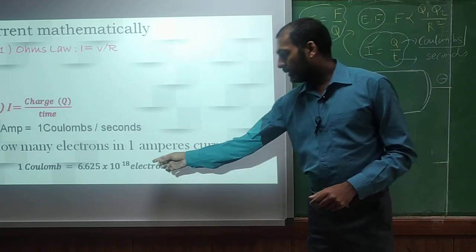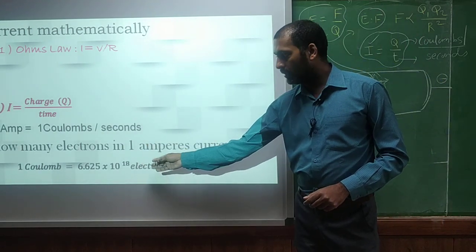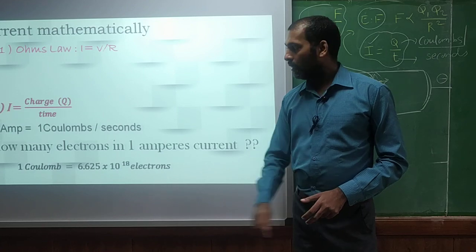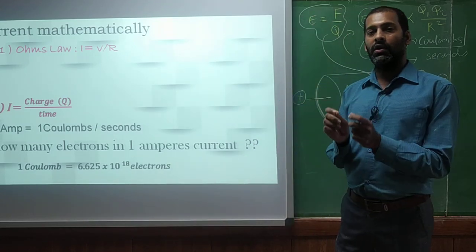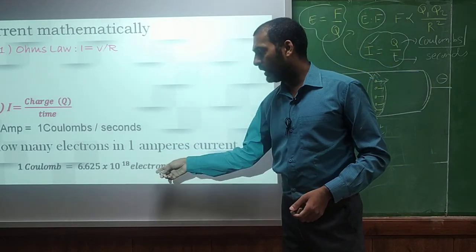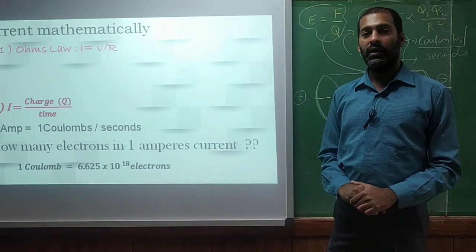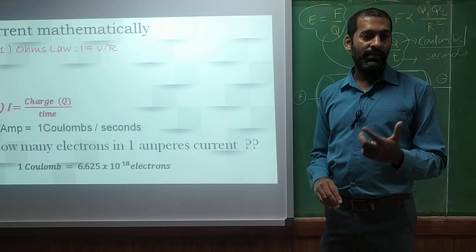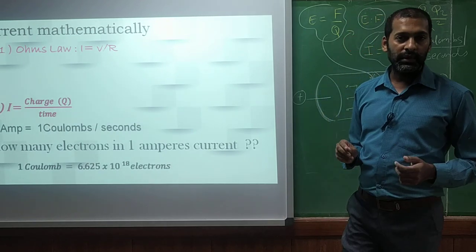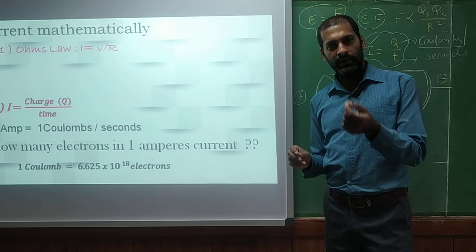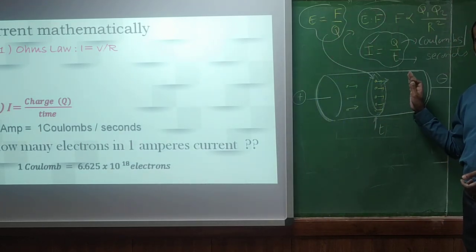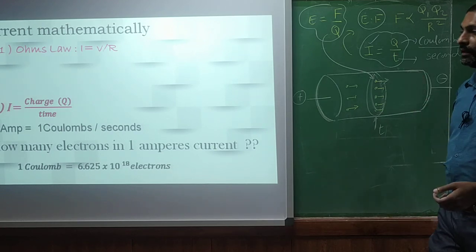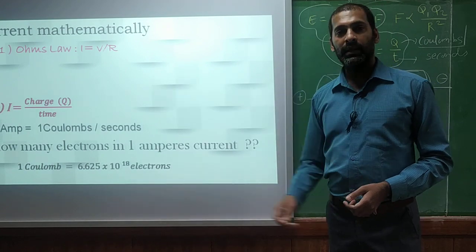That means there are so many electrons in 1 coulomb. So in 1 ampere current, the number of electrons will be this value, 6.25 into 10 to the power 18 electrons. You can imagine the number of electrons. We cannot see electrons. Those are very minute objects. When I say conductor, there are millions or trillions of electrons present in that particular wire. And they constitute the current given in amperes.